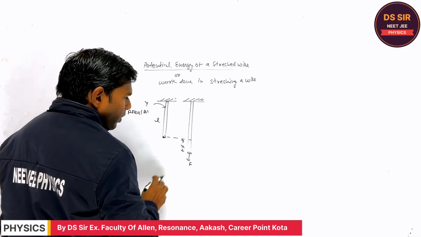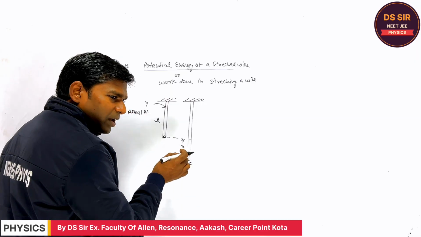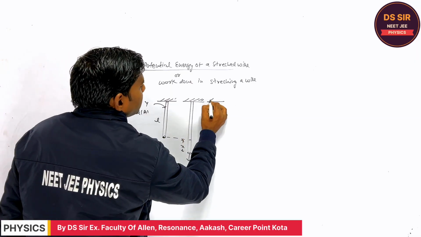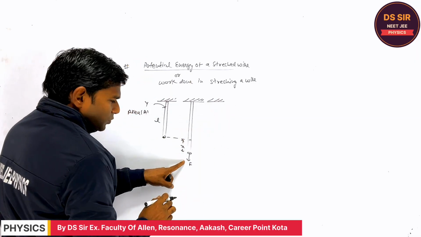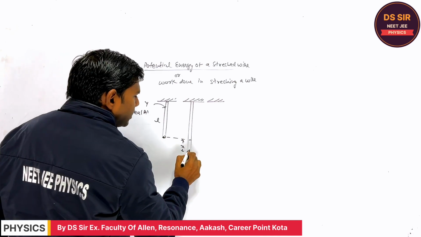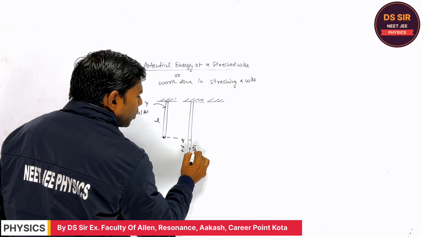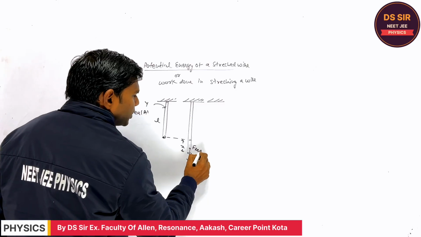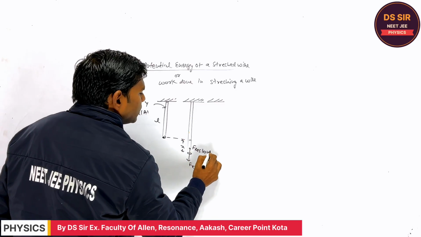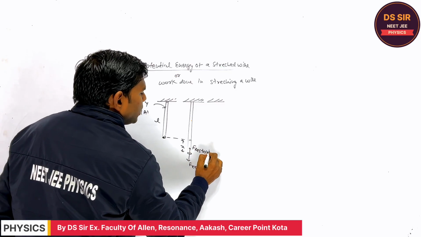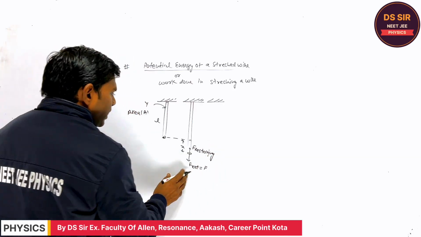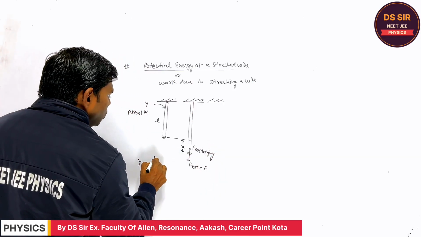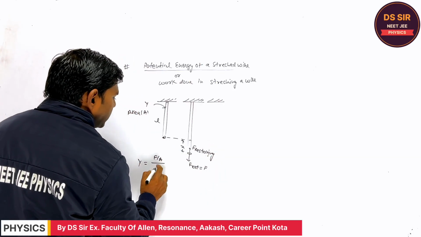Now if you want to increase it further, if it is in equilibrium, the restoring force will be equal to the external force, which is equal to F. Young modulus is equal to stress upon strain.